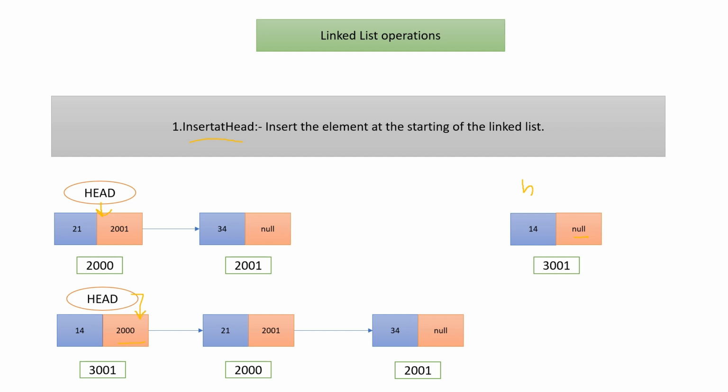So this is how insert at head will occur. Now our head is our new node, and its next pointer points to the next node, which is our previous head. So this is our insert at head operation.